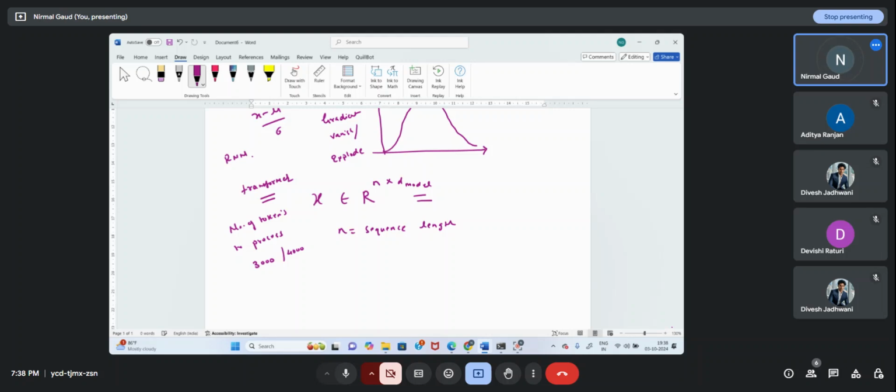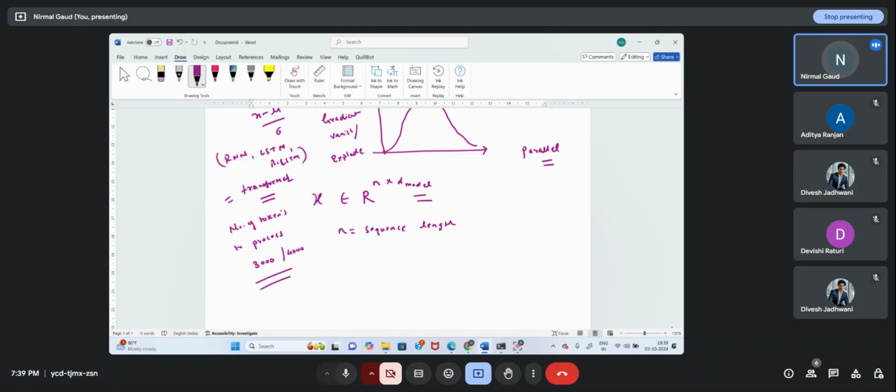Its relatives like LSTM have very short sequence size. But in case of transformer, we have the advantage of big token length. Also, transformer can perform parallel processing. In traditional architectures, we can't do that. That's a drawback. In transformer, we can perform parallel processing.